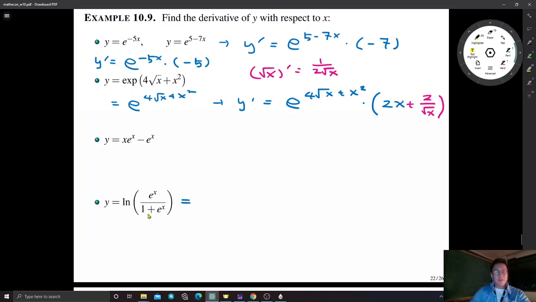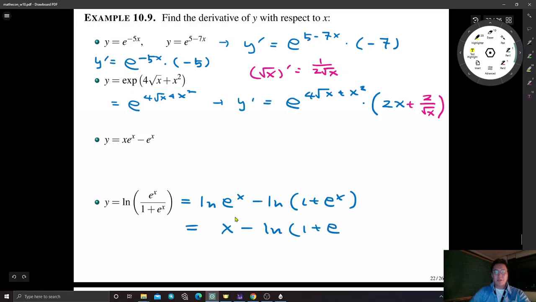Remember, division becomes the difference. So ln e to the power x minus ln 1 plus e to the power x. But the first term, because a natural logarithm is the inverse of exponential function, natural exponential function, the first term boils down to x.